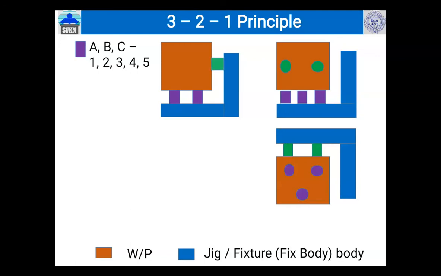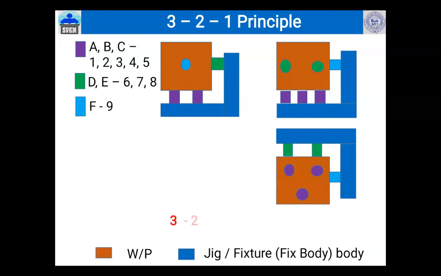Now by adding 2 more pins, we can restrict further 3 motions, that is D, E. After adding, you can restrict 6, 7, and 8, which is nothing but Z clockwise, Z anti-clockwise, and Y. Now by adding one more pin, that is F, we can restrict further one more direction, that is Y backward.